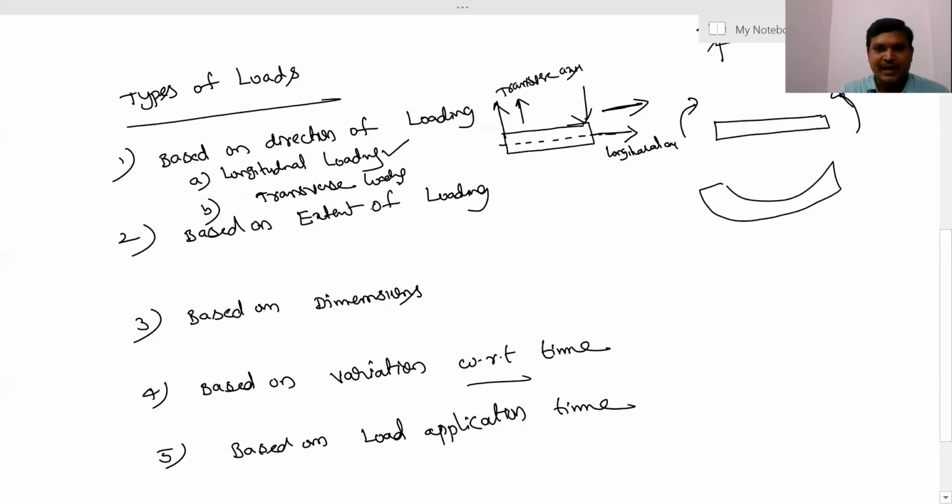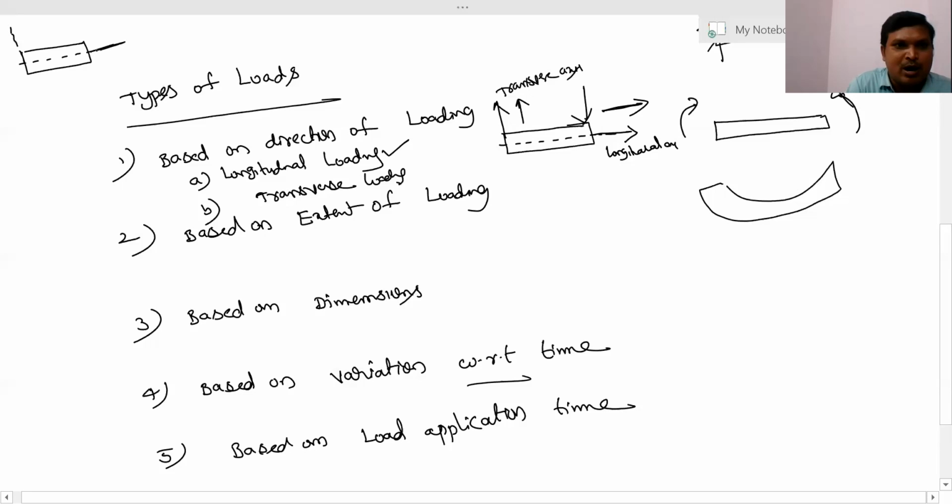transverse loading. Again, longitudinal loading may be of two types: pure axial or eccentric. For example, this is a member, this is the longitudinal axis, this is the transverse axis. If the applied load is exactly on the longitudinal axis, this is pure axial loading.